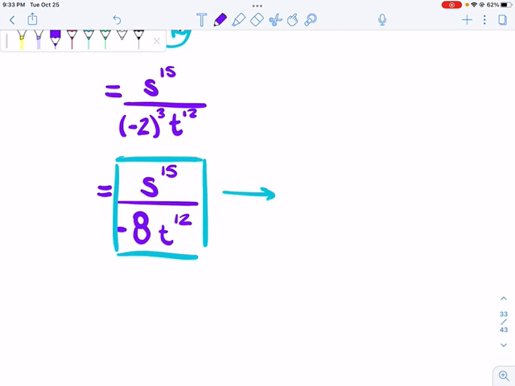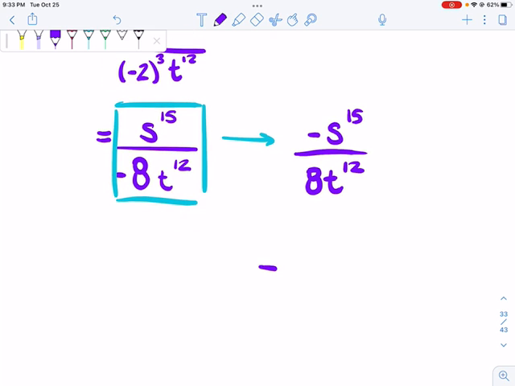So if we ever saw something like this, where the negative was moved to the top rather than the bottom, it wouldn't actually make a difference in our final answer. Or we might even see the negative out in front of the whole entire fraction. In either case, as long as there is one negative somewhere within that fraction, top or bottom, we end up with the same final answer.